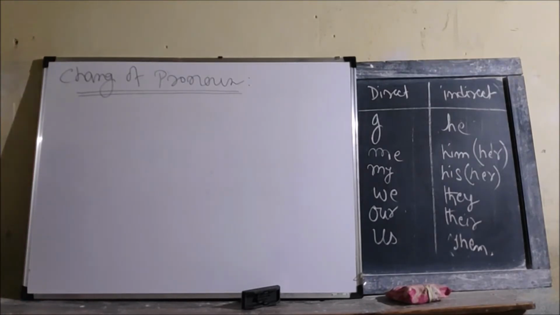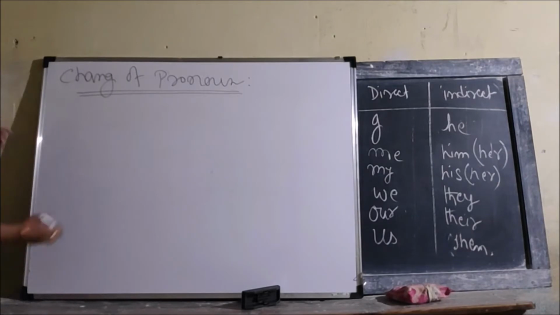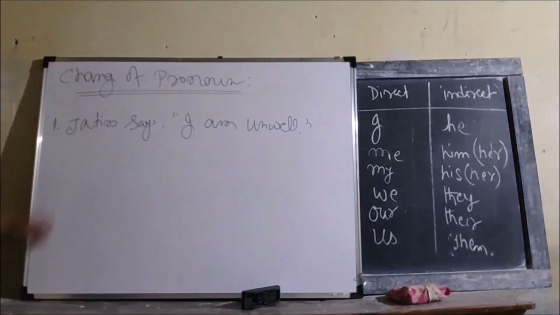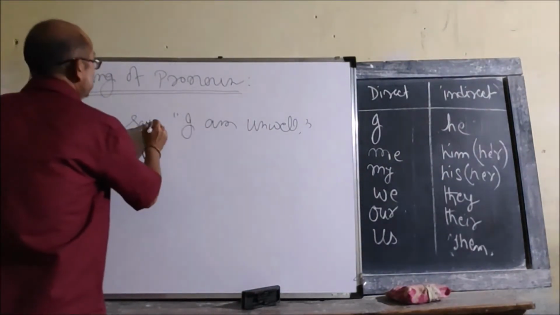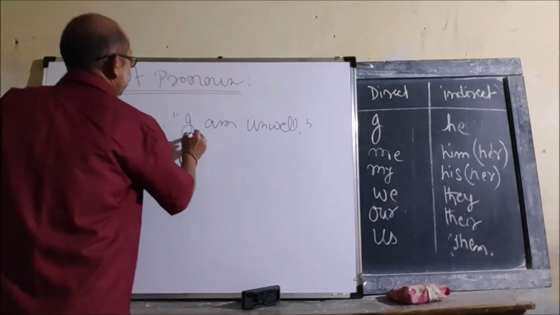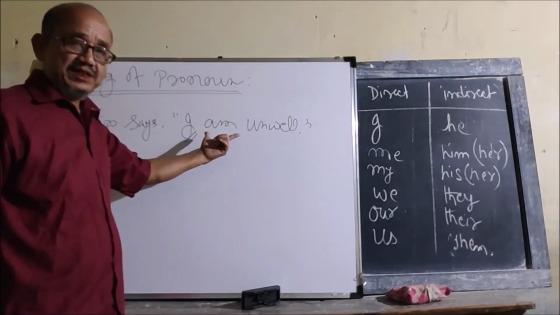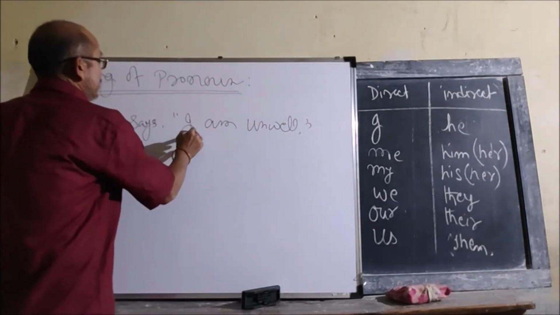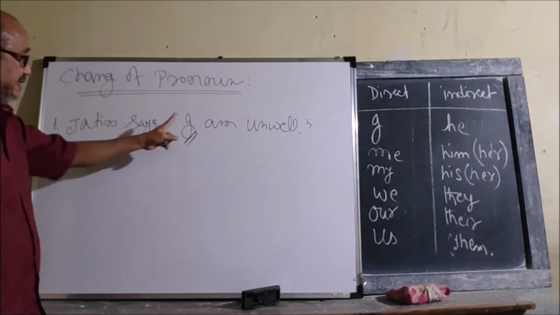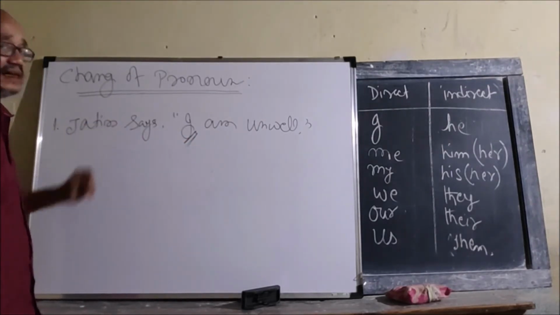Now, you see here, Jyotin says, "I am unwell." The first person pronoun of the reporting speech always refers to the subject of the reporting verb.